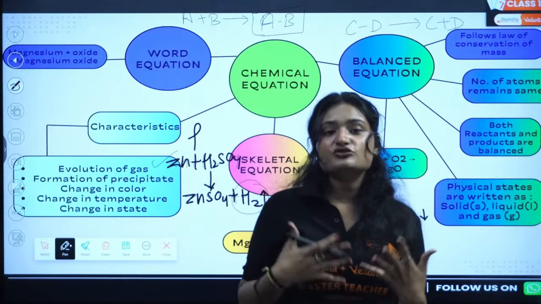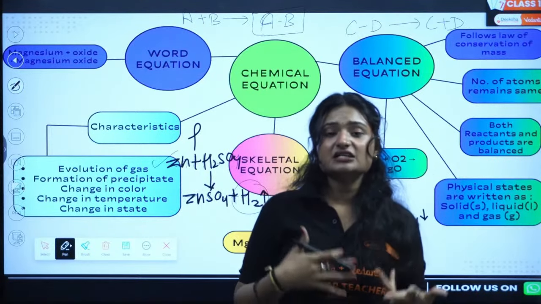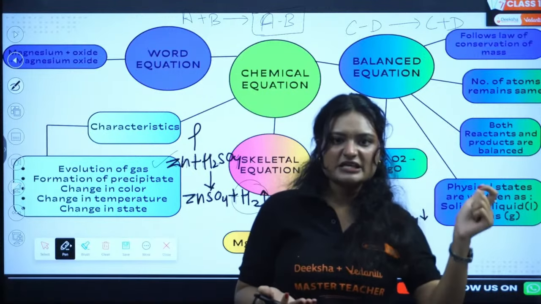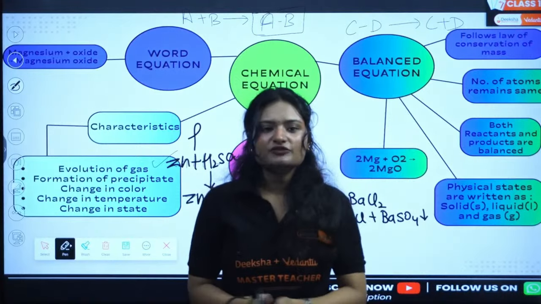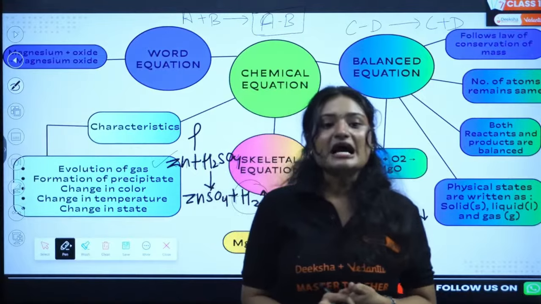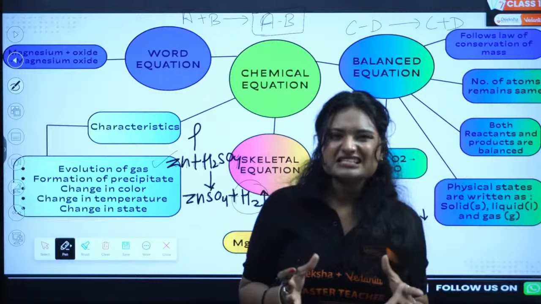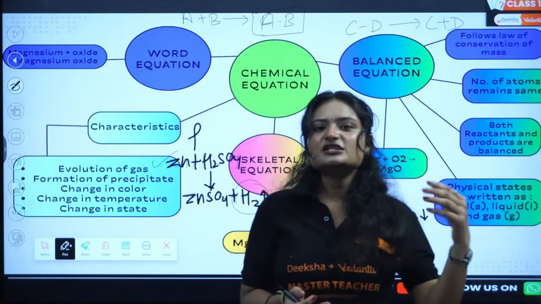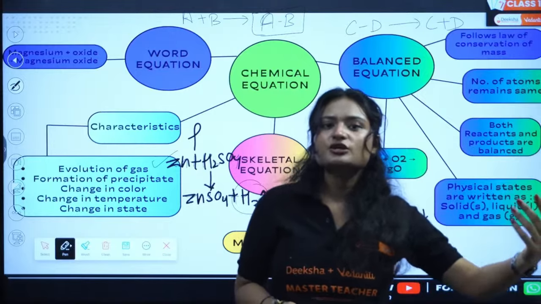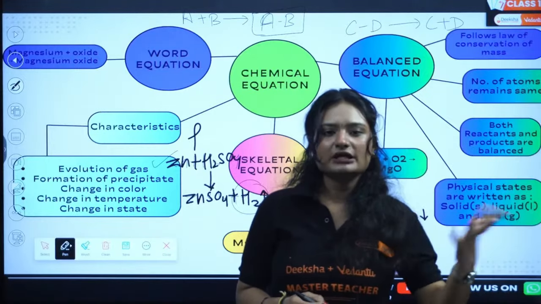And when it reacts with iron, we get iron sulfate and copper. Iron displaces copper from its compound. Copper is reddish brown in color. Iron sulfate is green in color. So the color changes from blue to reddish brown.